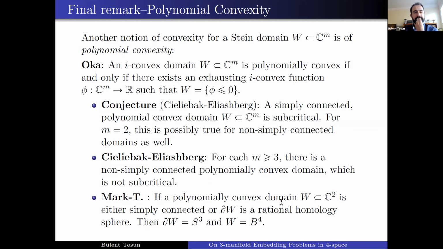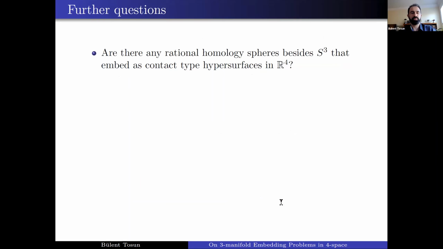Okay, so one last slide I have is where I want to talk about some further questions related to what I said. As you will remember, I talked about how if you focus on geometric homology spheres, the Seifert fibered space ones, then if you choose the correct orientation, they never embed as contact type hypersurfaces.